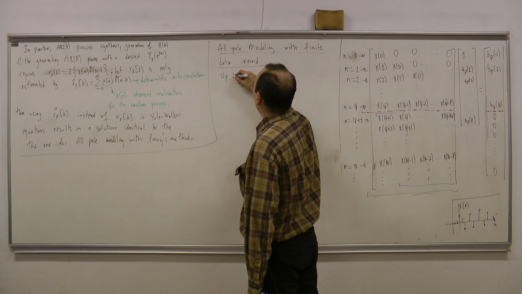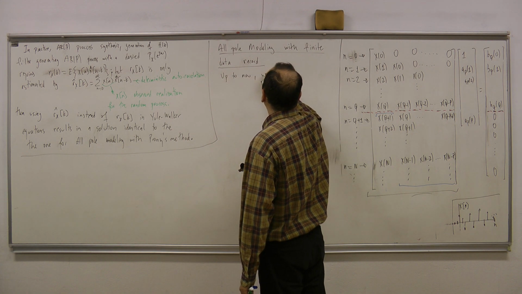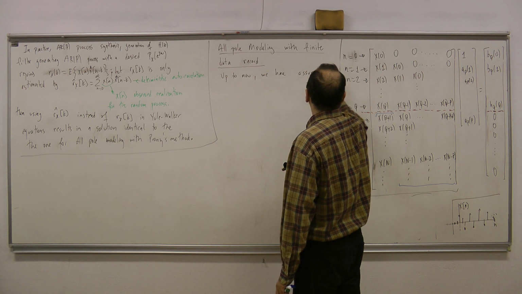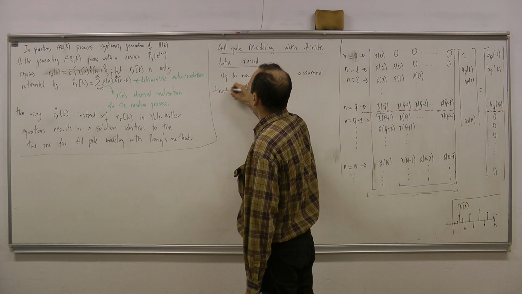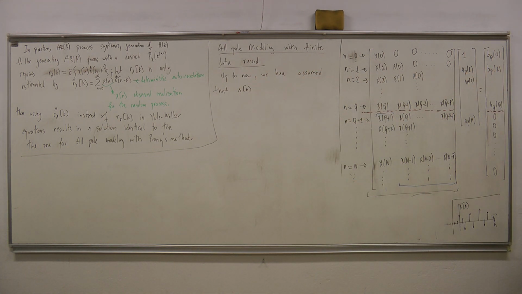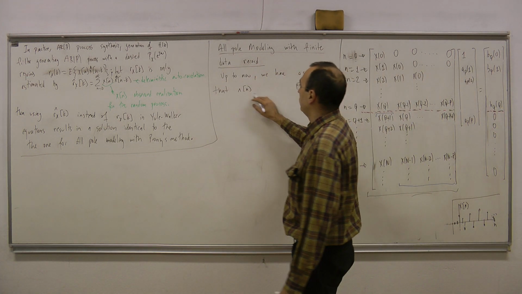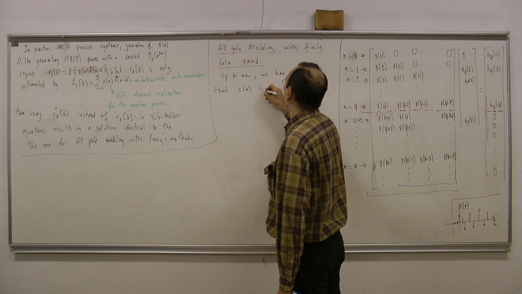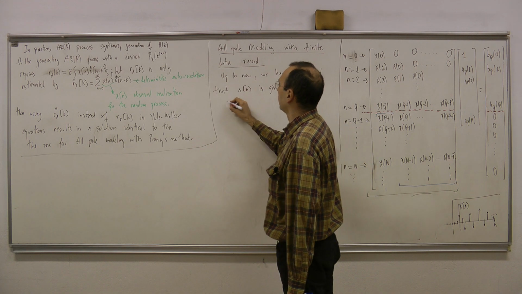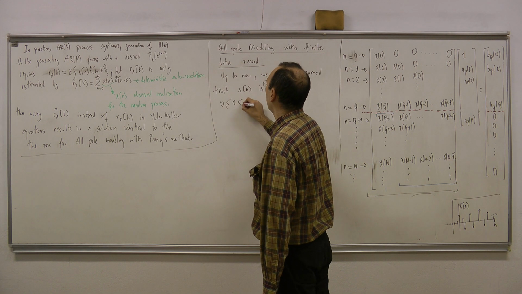So up to now, we have assumed that x of n, this is a measurement or observation, is given for, let's say, n from 0 to infinity.